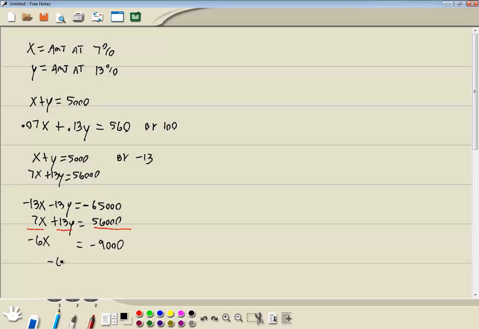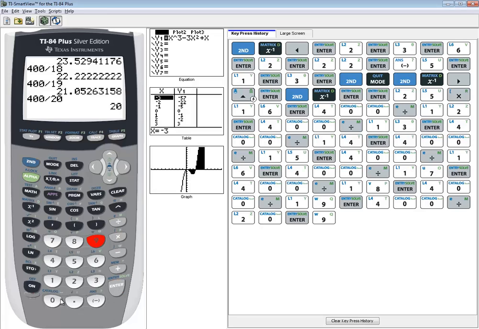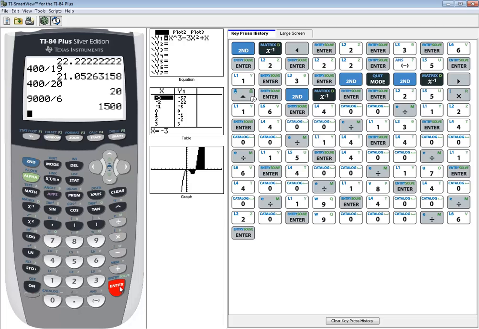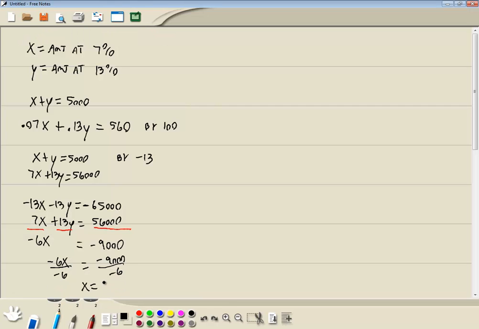Then I'll divide both sides by negative 6. Let me use a calculator. 9,000 divided by 6 gives us 1,500.